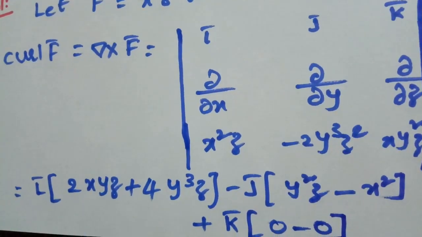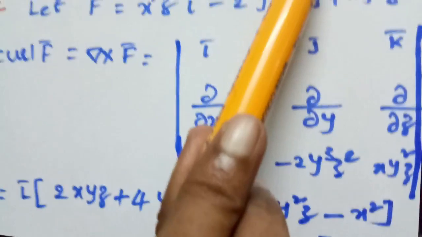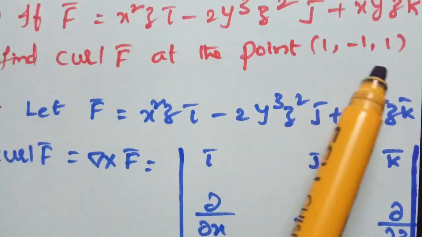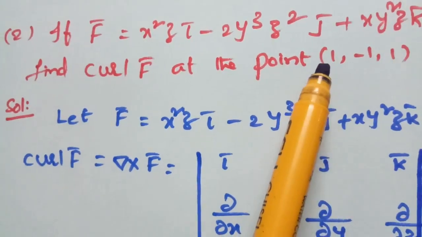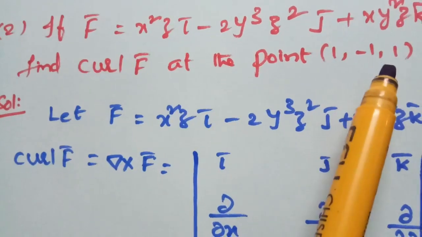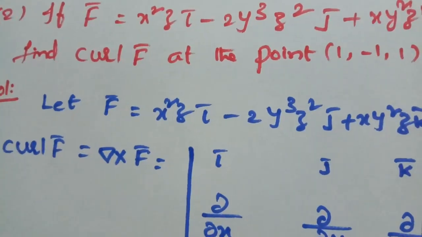Now we have to find the curl of the vector at the point 1 comma minus 1 comma 1. Substitute x equal to 1, y is equal to minus 1, z is equal to 1.